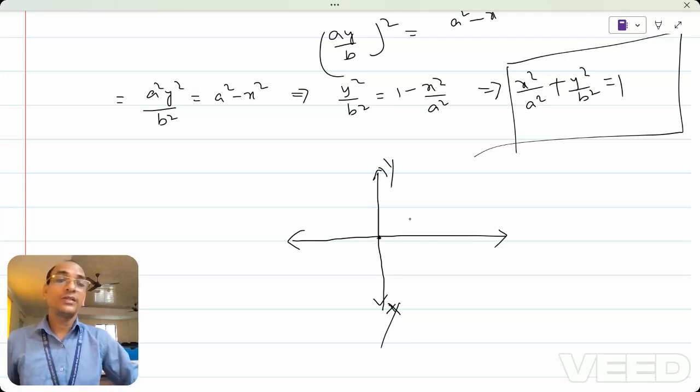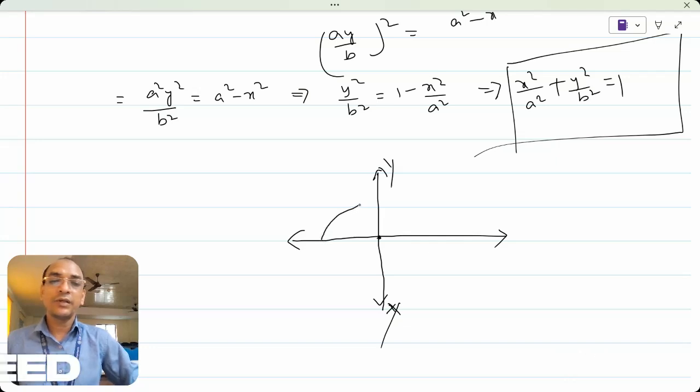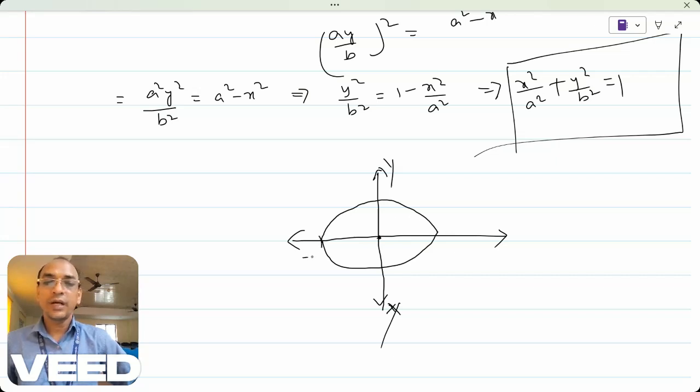For x square by a square plus y square by b square, the coordinates will be like this. So here it will be minus a, here plus a, here b, here minus b. That means here minus a comma 0, here 0 comma minus b, here a comma 0, here 0 comma b, these points.